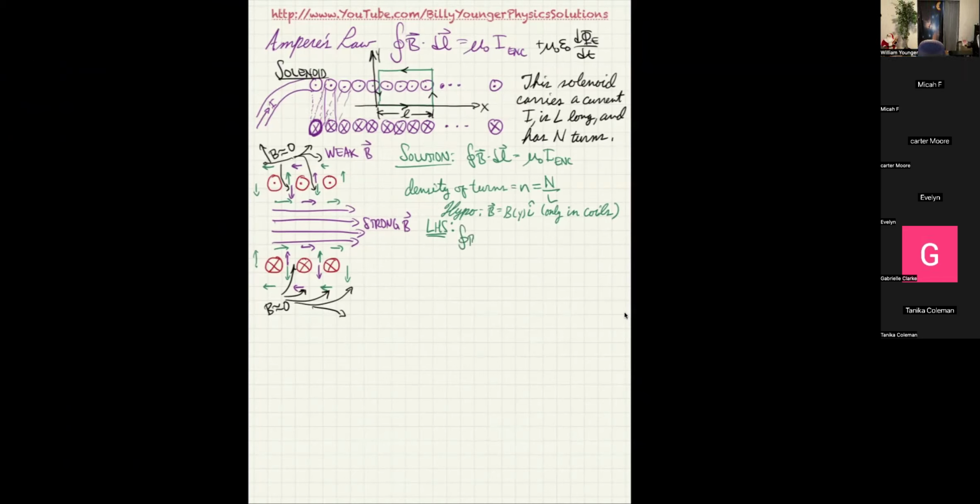Closed integral B dot dl is equal to, I'm going to first say the integral over the left of B approximately 0 dot dl, plus the integral of B of y I hat dot dl, which is going to be dx I hat as well, and that's over the bottom, so we'll call that B for bottom, plus the integral over the right of, again, 0.